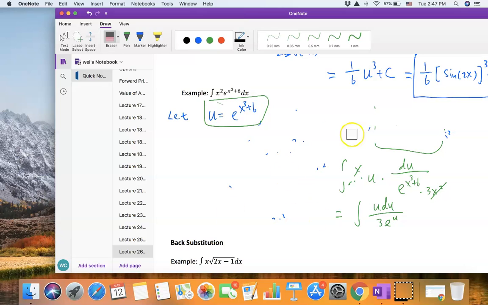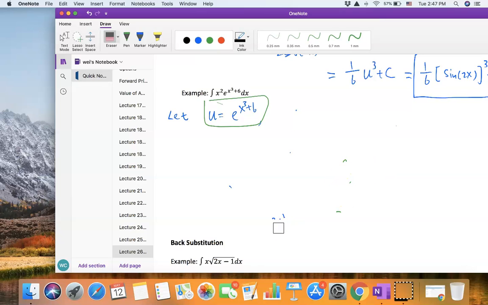Okay, so what else can we choose for u? Or we can let u be the power of this exponential function. We let u be x to the third plus 6.